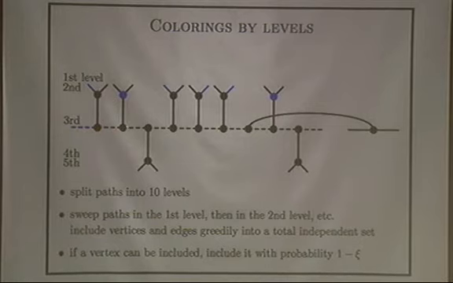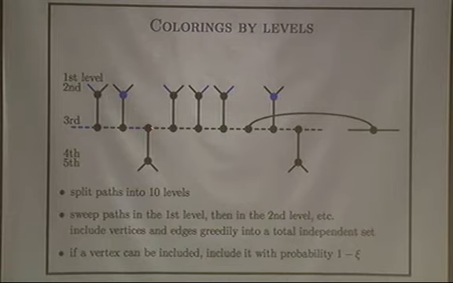And I cannot include this vertex, because it would be adjacent to this vertex, which is not on this path, but is adjacent in the graph to this edge. So it wouldn't be a total independent set. So the first element I can include on this path is this edge. So I do so. So the edge just changed color from black to blue. I'm not completely sure how visible it is, but this edge is now included in the total independent set.